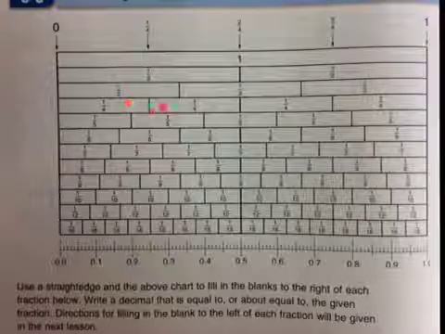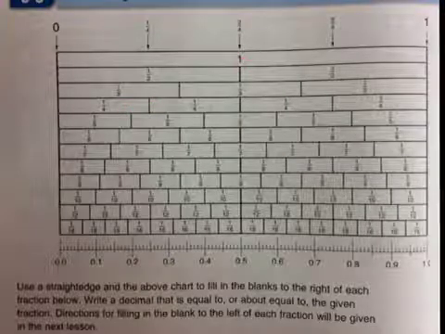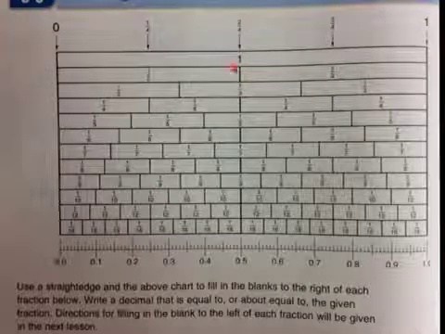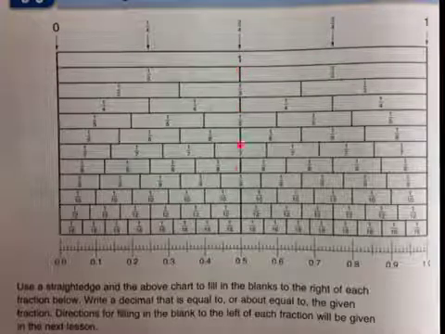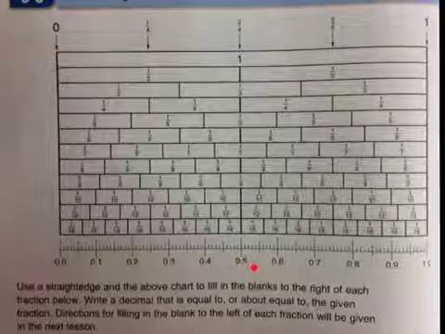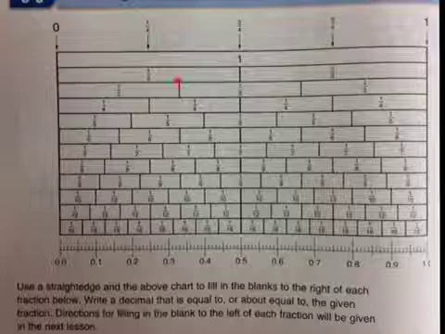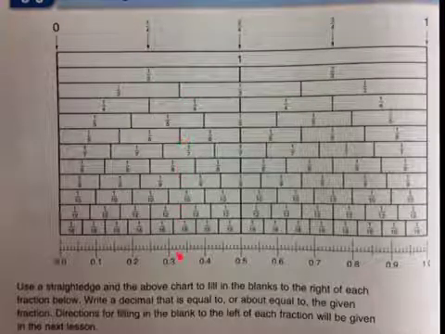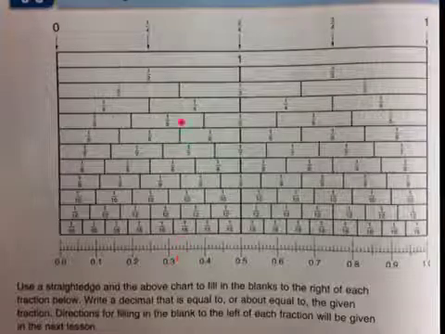What we want you to do now is to find what 1/4 is. Actually, let's start easier. Here's the 1. Here's the half, right? Because we cut it in half. If we use a straight edge and we go straight down, you will see what it is as a decimal. It's 0.5, a half. Let's look at the thirds. Here's a third and here's a third. 1/3 is 0.33. You see that?